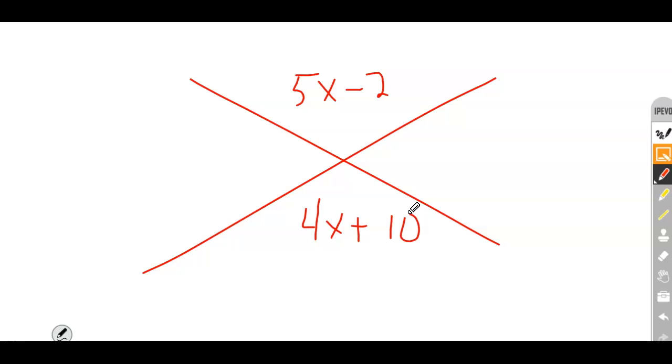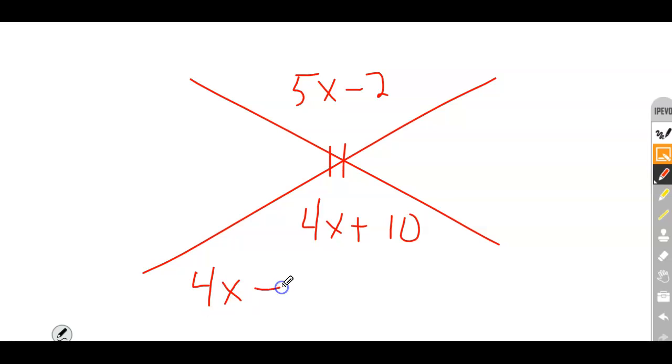Okay, well before, how would I set this up, first of all? Are they equal to 90? Are they equal to 180? Are they equal to each other? They're vertical angles, so that means they are equal to each other.